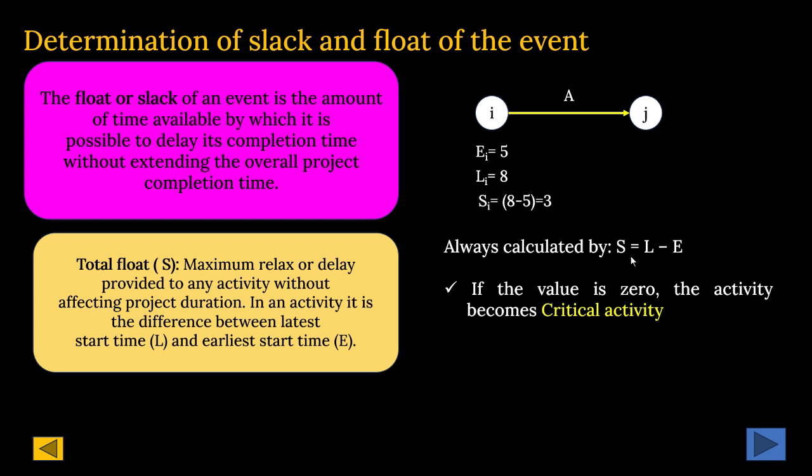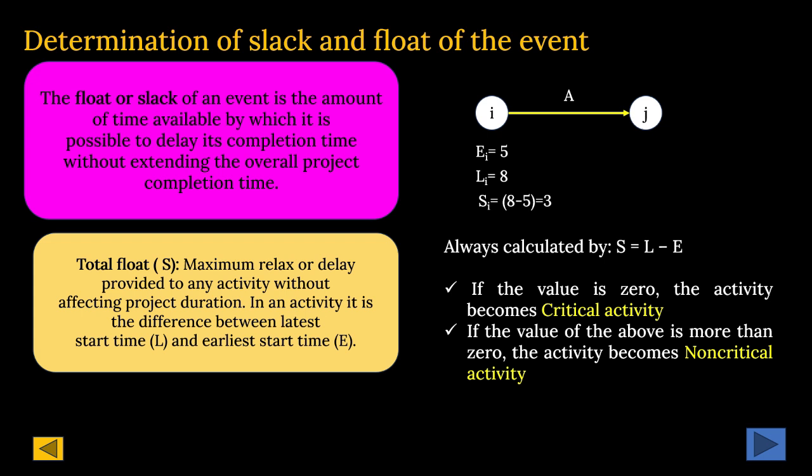Similarly, if at the ith node the value of S is 0, and on the jth node the value of S is 0, then this activity A becomes critical activity. Otherwise, if the value is more than 0, the activity becomes non-critical activity. Fine? That is the concept of slack.